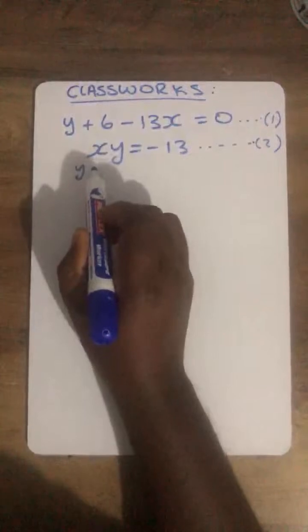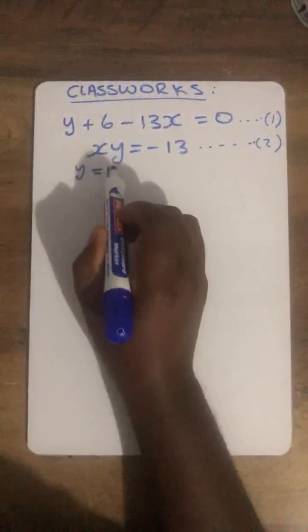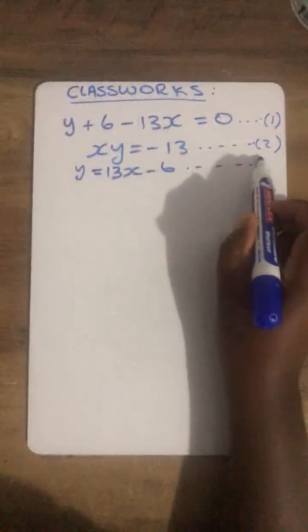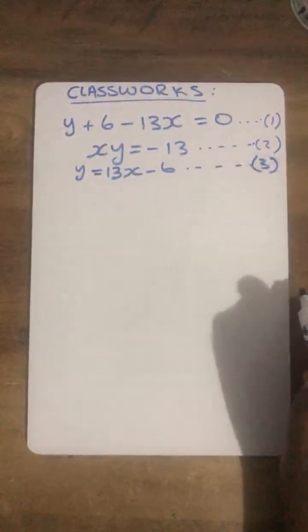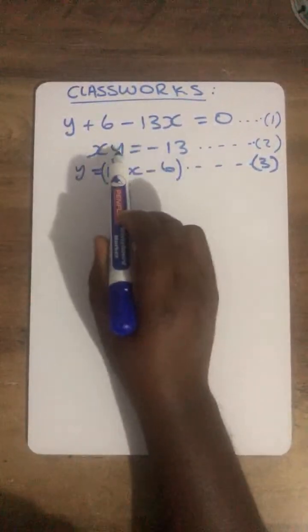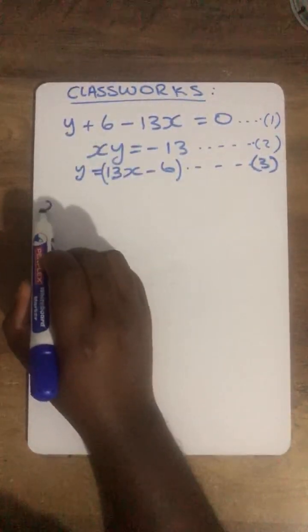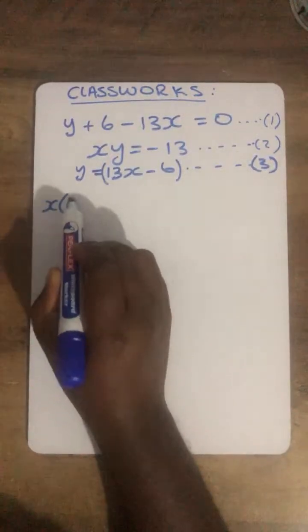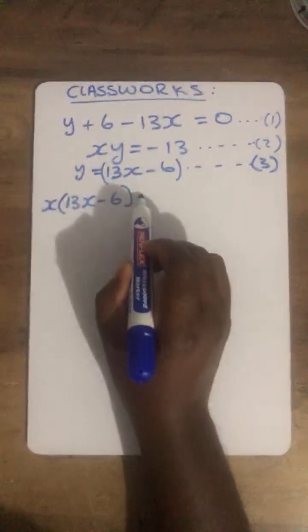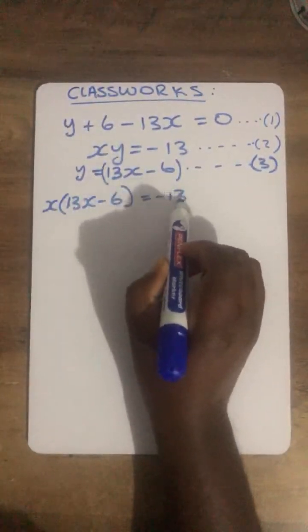Question number 3, I'm going to say y, and then I take that 13 to the other side. I also take that one to the other side. Then this is equation number 3. So I'm going to take this one and substitute it there. So that means I have x into 13x minus 6, which is equals to negative 13.